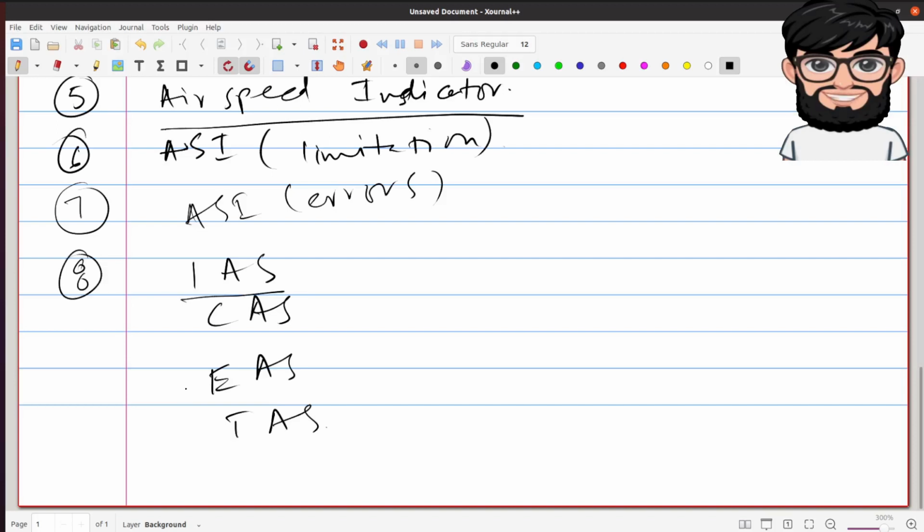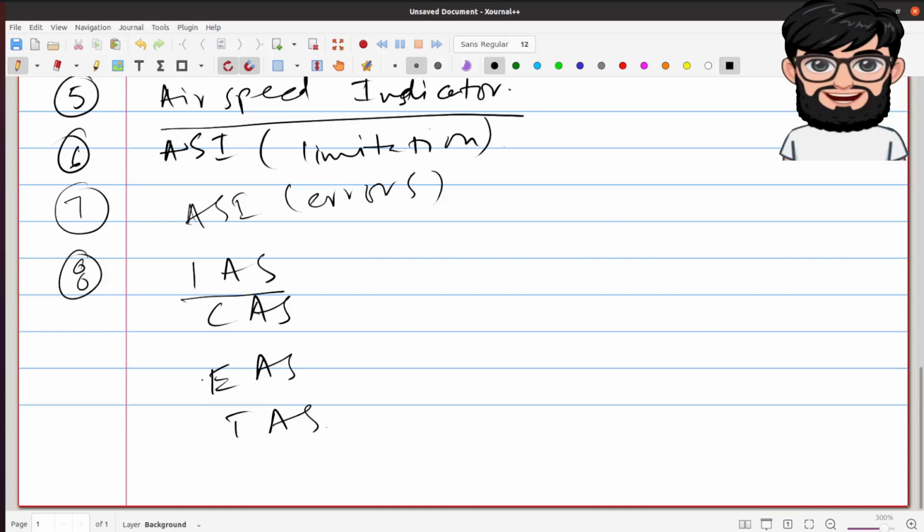This is the speed of the airplane as observed by the indicator, the airspeed indicator. That's where the name comes from, the indicated airspeed. CAS, which is the calibrated airspeed, is the airspeed indicator reading corrected for position or other errors like the instrument error or installation error. So those are the ones.